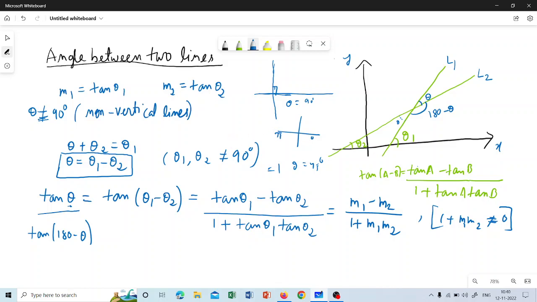So 180 minus theta will again come to the second quadrant. So that is nothing but minus tan theta, which is also equivalent to, now we know the value of tan theta. Tan theta is m1 minus m2 by 1 plus m1 into m2. So I can write minus tan theta as m2 minus m1 by 1 plus m1 into m2.